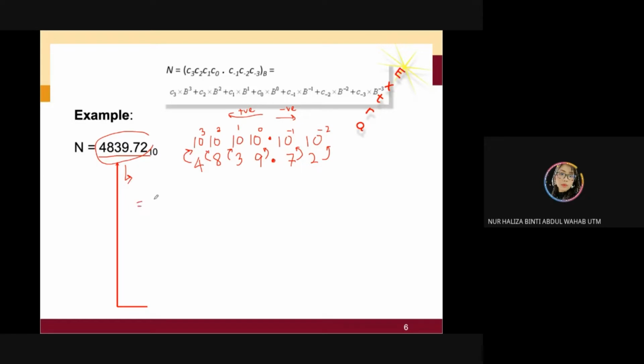You're going to have 4 times 10 to the power of 3 plus 8 times 10 to the power of 2 plus 3 times 10 to the power of 1 plus 9 times 10 to the power of 0 plus 7 times 10 to the power of minus 1.